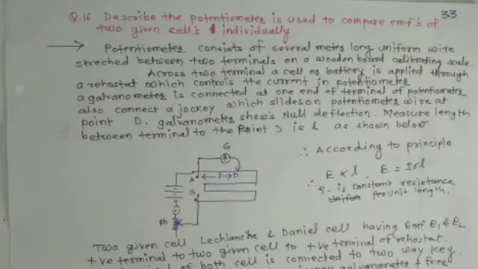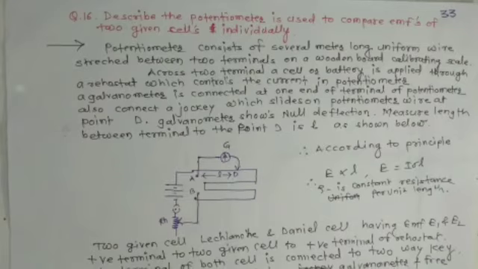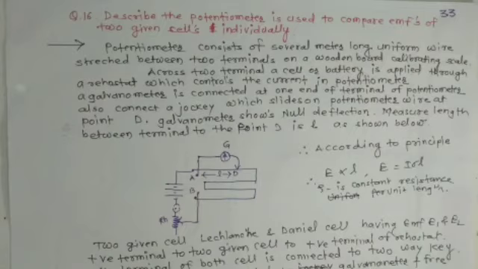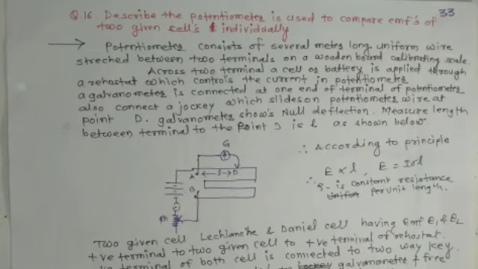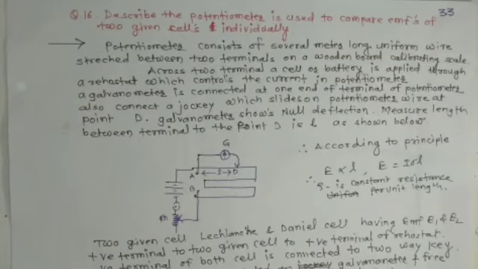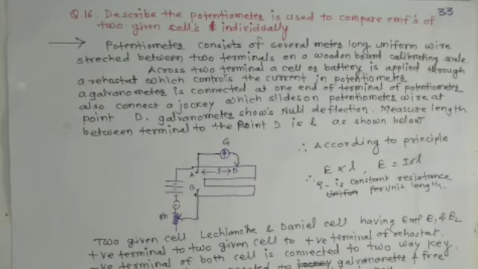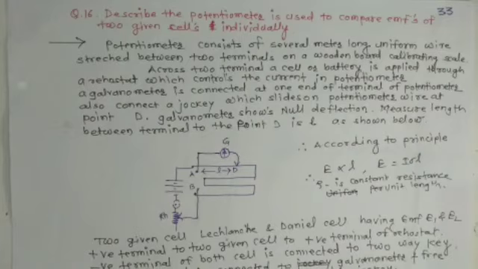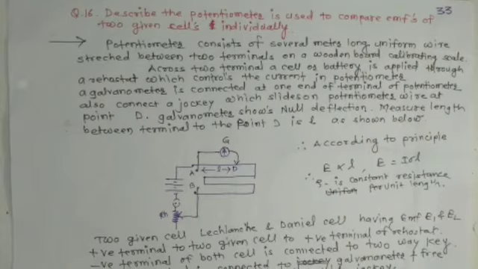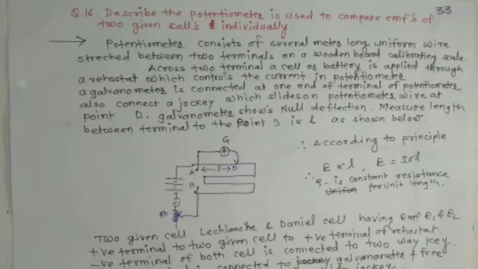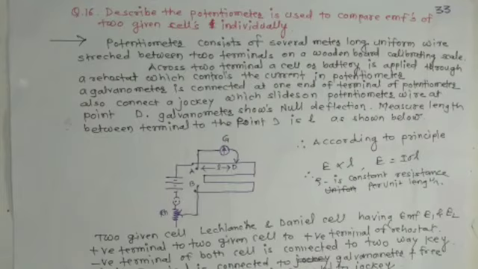Question number 16. Describe how the potentiometer is used to compare EMFs of two given cells individually. Answer: a potentiometer consists of several meter long uniform wire stretched between two terminals on a wooden board, with a calibrated scale.